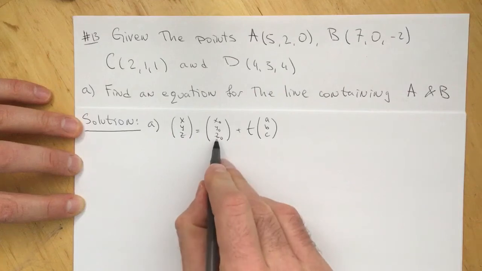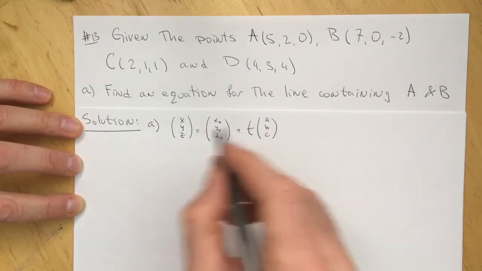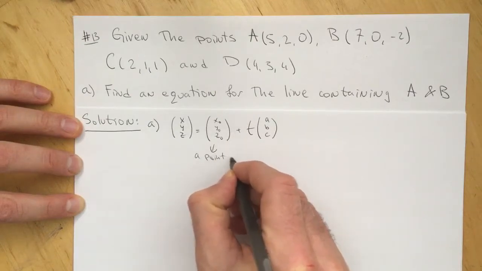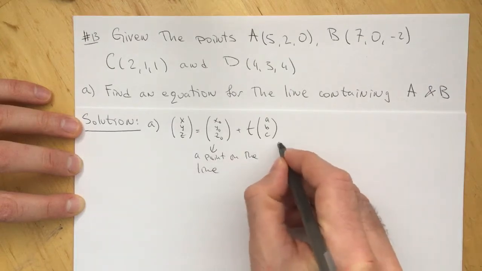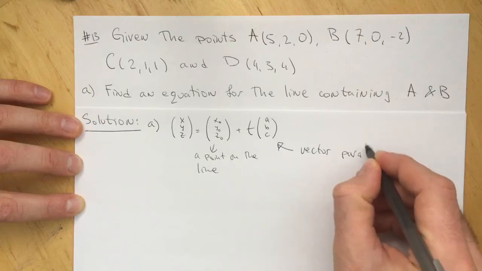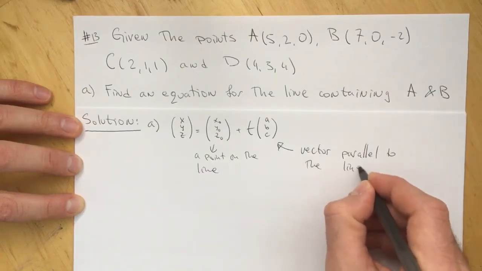So this represents a line, this is the point, and this is the vector parallel to the line.